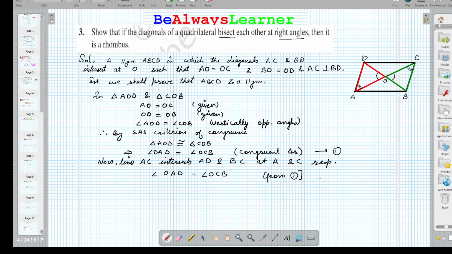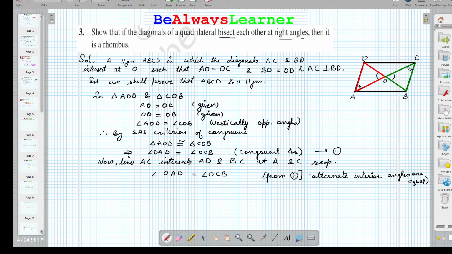We can also give the reason that alternate interior angles are equal.